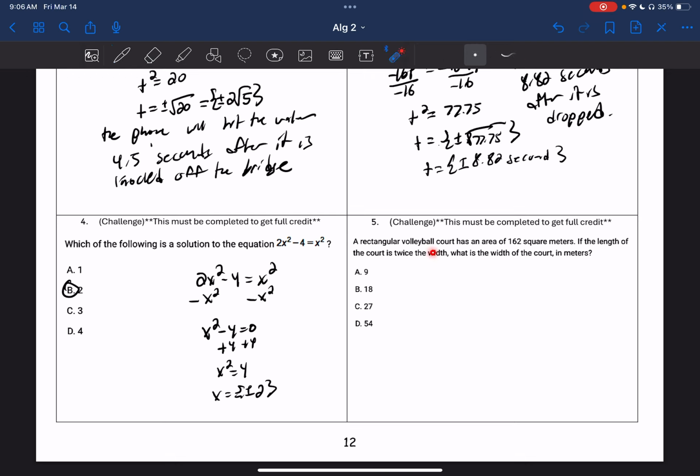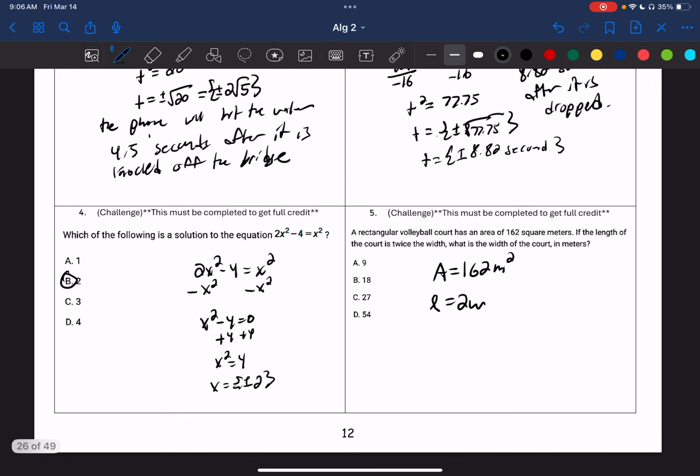Now we have a rectangular volleyball court that has an area of 162 square meters. If the length of the court is twice its width, what is the width of the court in meters? All right, so we have two equations. Area is equal to 162 meters squared, and the length of the court, which I'm going to denote by an L, is equal to twice the width.